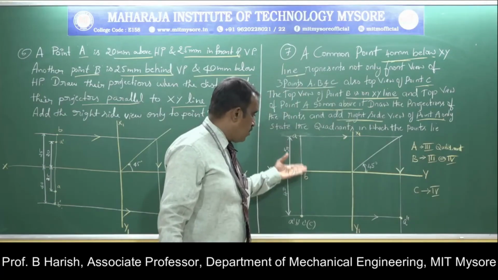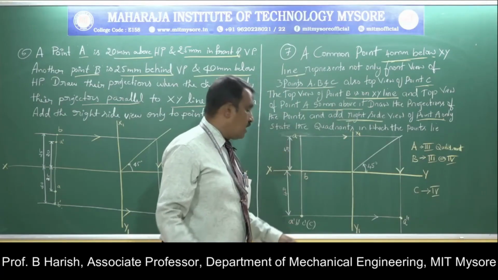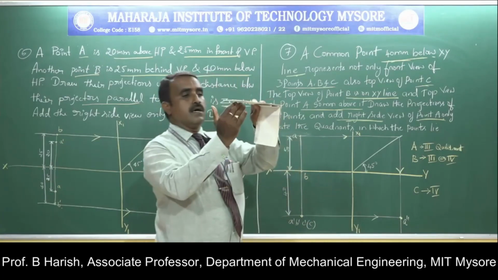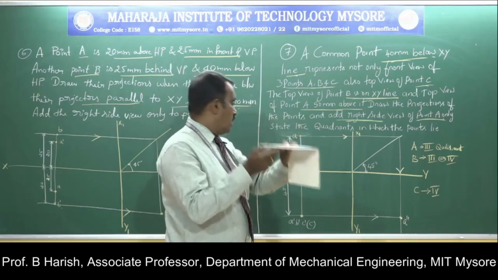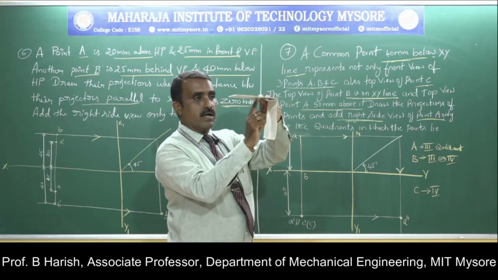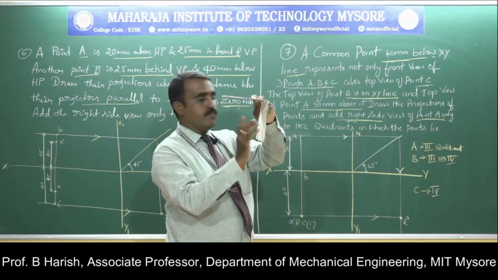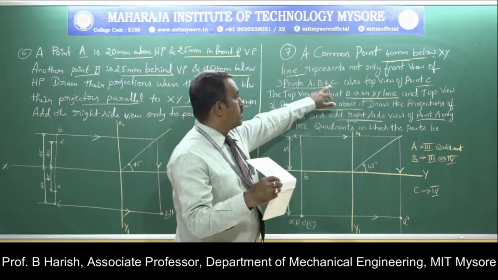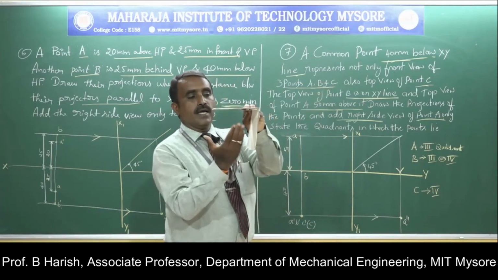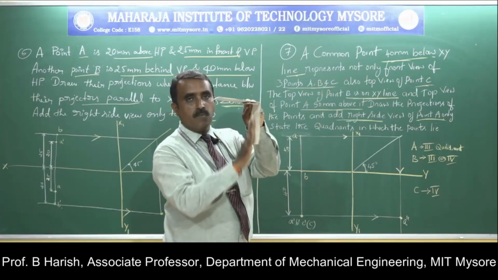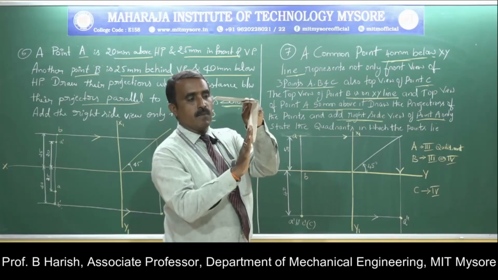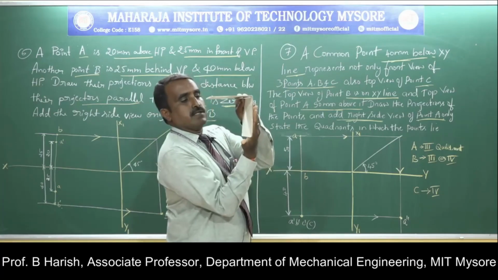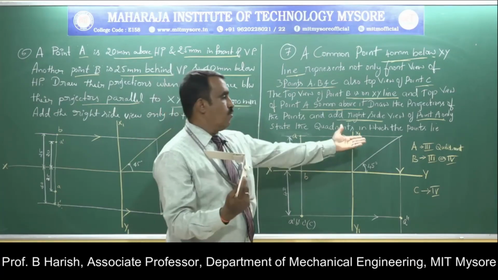If you consider this given condition, here point B is on the horizontal plane, and the point is 40 mm below. Since the point is on the vertical plane, if I consider it to be here, then it becomes the third quadrant. If I consider the point to be here, then it is the fourth quadrant.